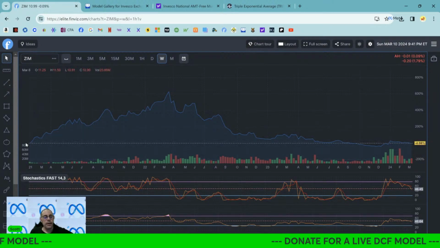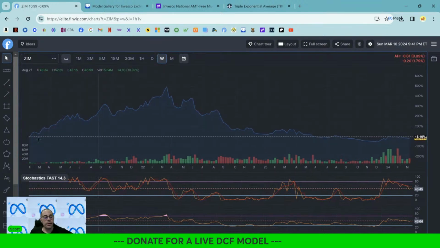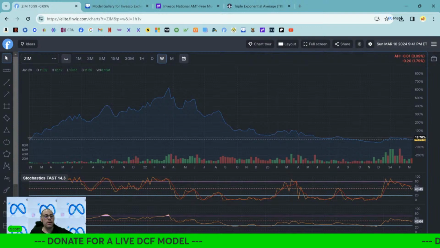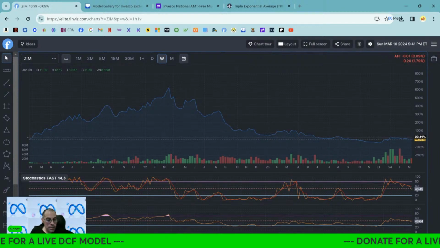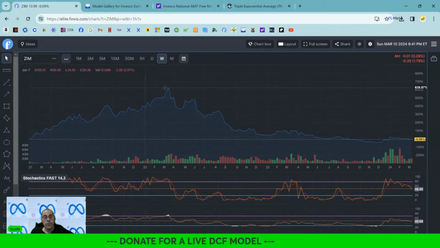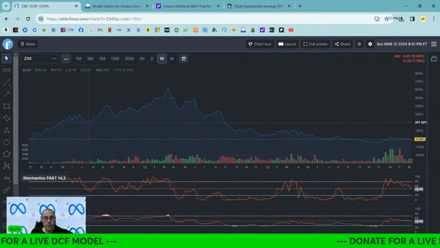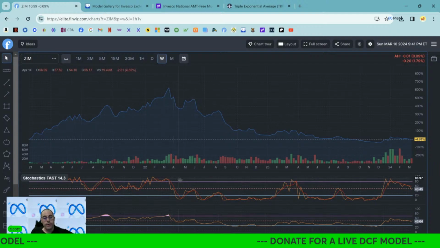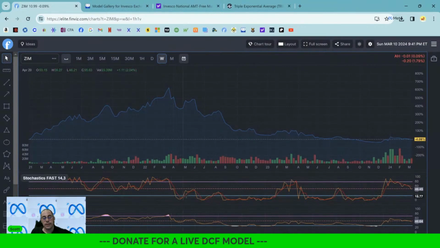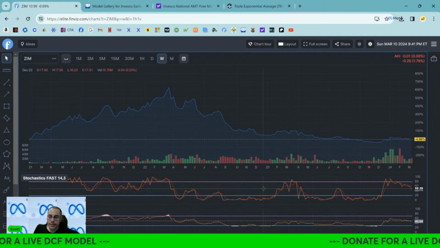It went up a lot from the IPO at the beginning of 2021, and went up a lot for the first year or more. So you can't really use these indicators because you always have to buy and sell constantly.